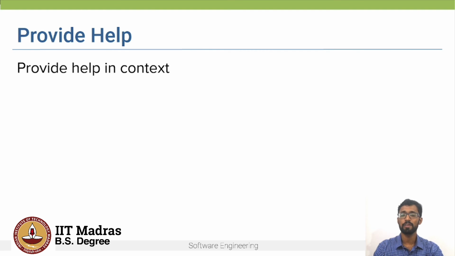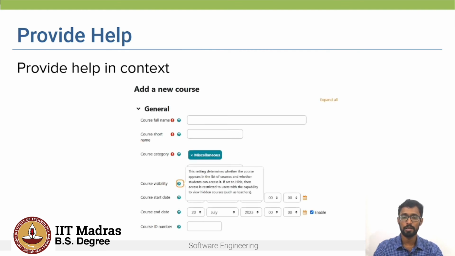This is the interface of a learning management system known as Moodle. In this case, you can see that if I want to add a new course, I can fill in the details of the course and the course gets created. However, as a new user, I may not know exactly what course visibility means.